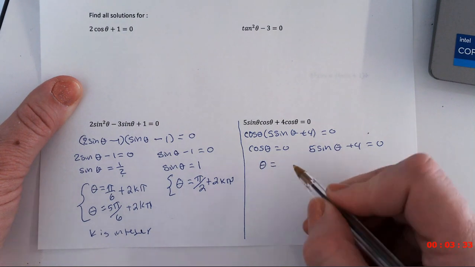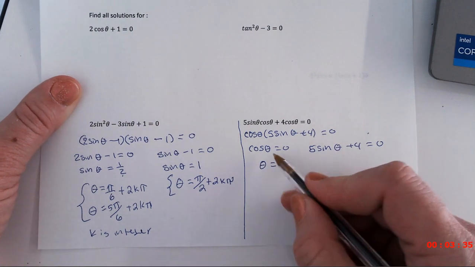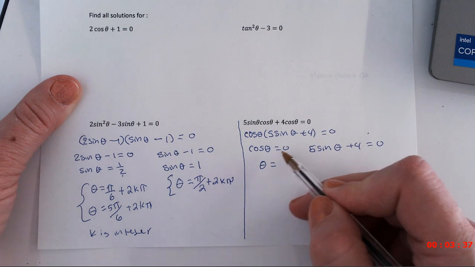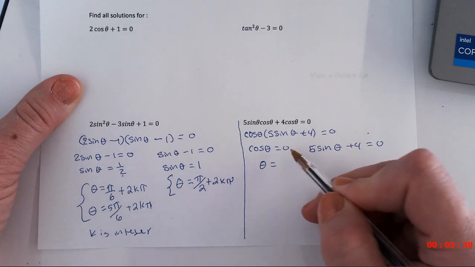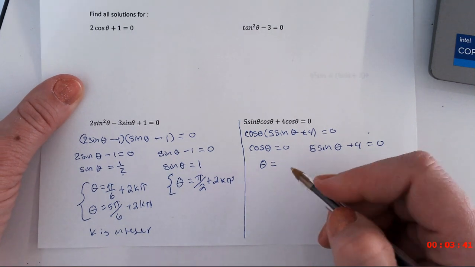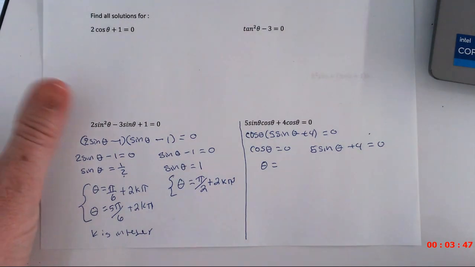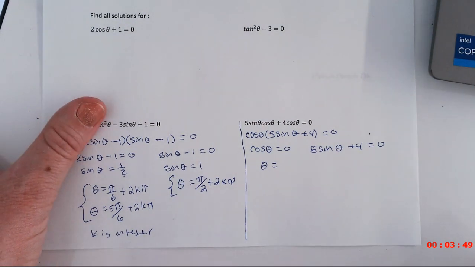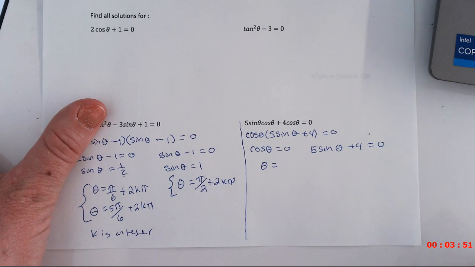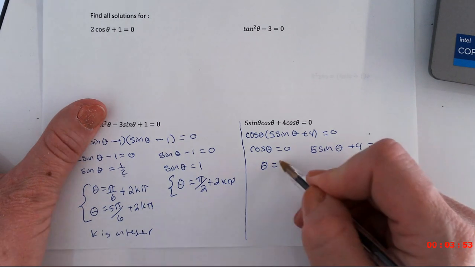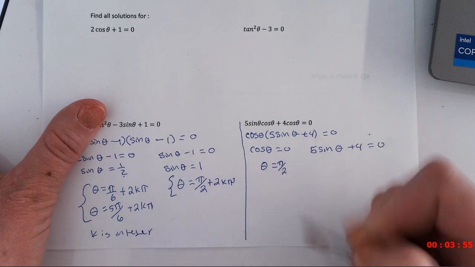what I was actually trying to say is, what angles have cosine equal to 0? Pi over 2, one of them.